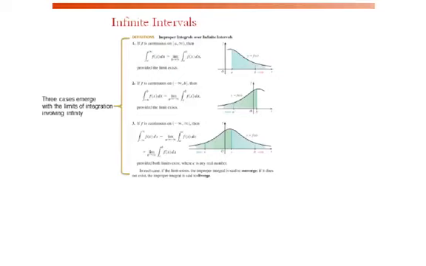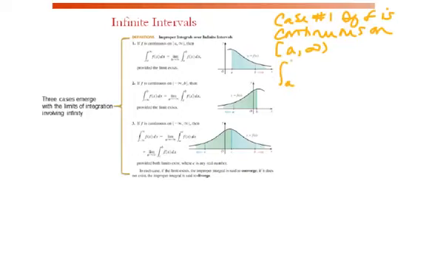Let me grab another color. So case 1. If f is continuous on the interval a comma infinity, then the integral from a to infinity, f of x dx, is equal to the limit as b approaches infinity.